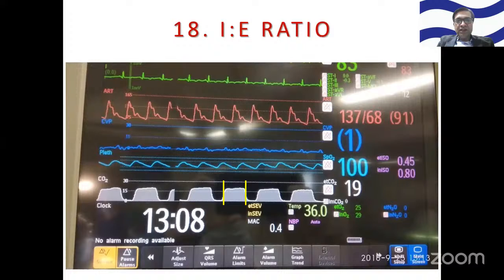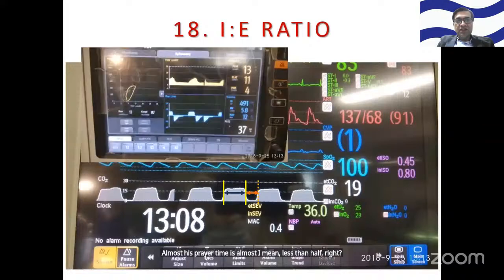So this is your expiratory time and this is your inspiratory time. Almost inspiratory time is almost half, less than half, right? So the IE ratio is 1:2. So 1:2 is the correct answer.